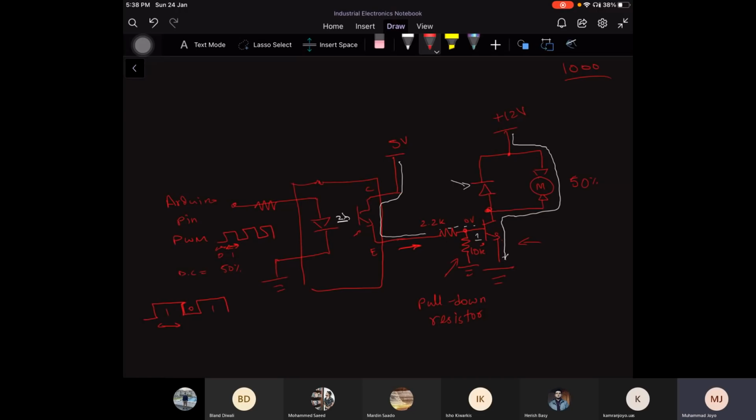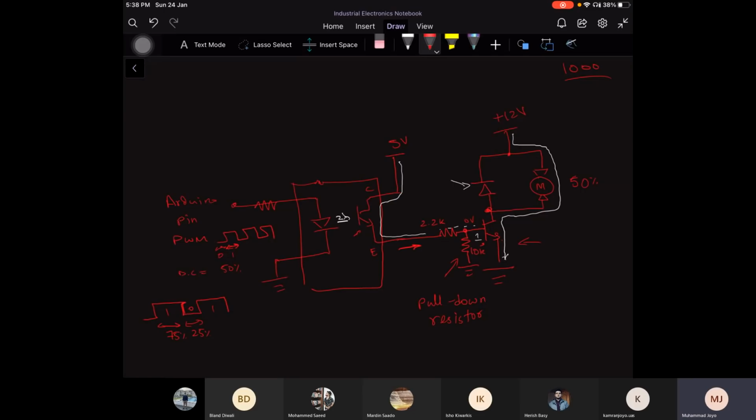When we increase the time to remain high, the transistor will be switched on for a longer period, and it will be turned off for a smaller duration. So in that case, let's suppose the time to remain high is 75%, and the time to remain off is 25%.